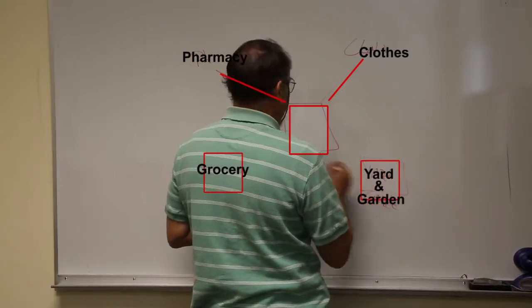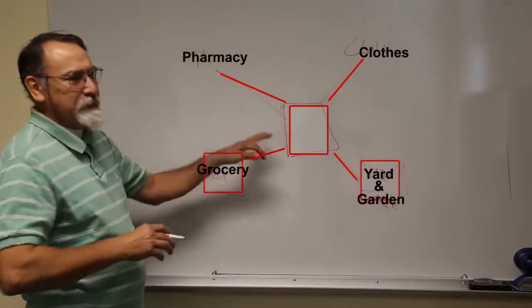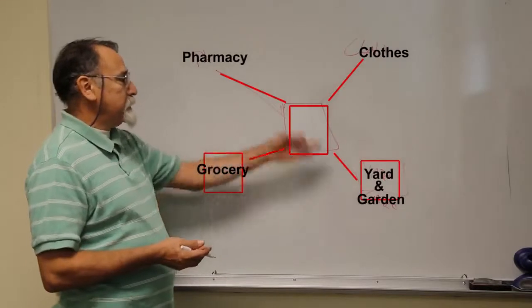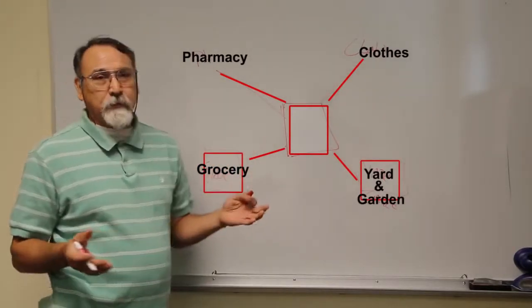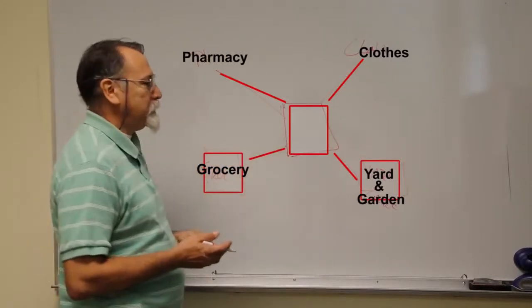In the old time, when they all hit the same centralized computer, it would slow things down. In this environment you would have to prioritize. The pharmacy would have priority because of the health and safety issue.